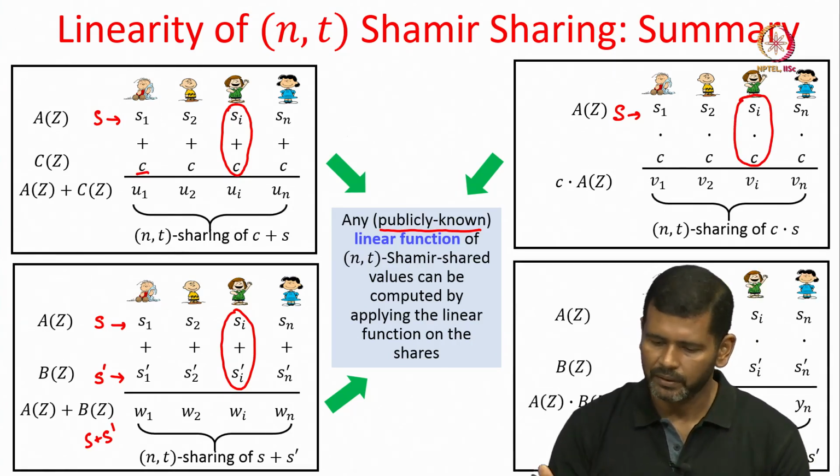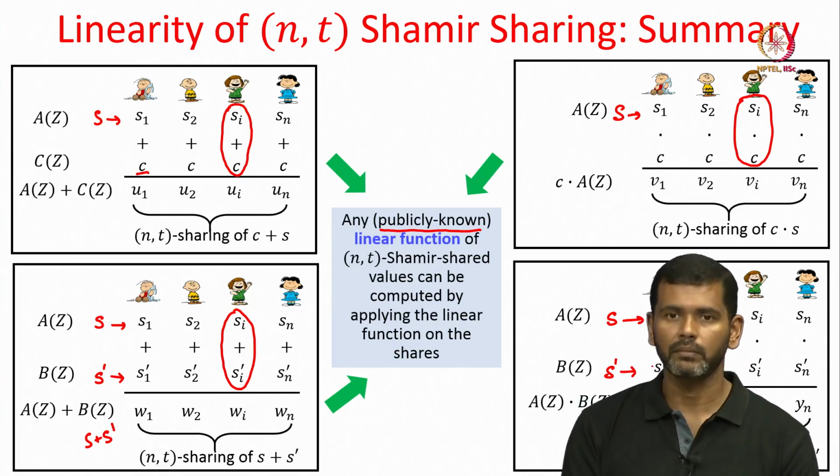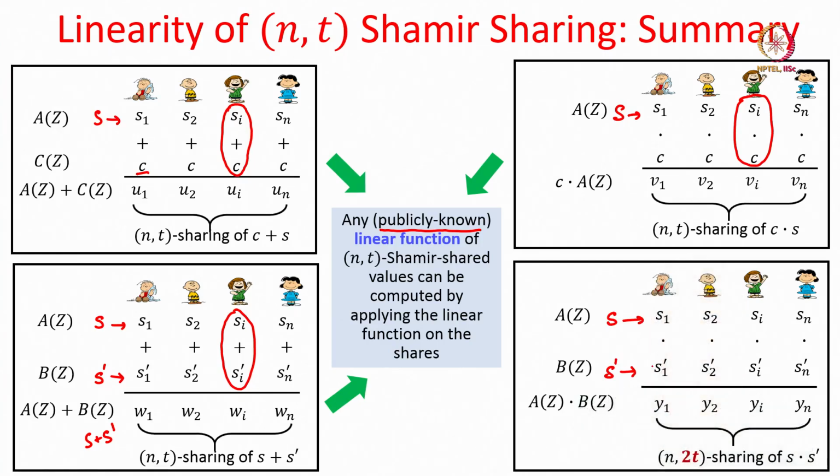However, if there are two secrets S and S prime which are secret shared as per the Shamir secret sharing scheme with degree of sharing being t, and each party locally multiplies its individual shares of S and S prime, then the resultant vector of shares will lie on a 2t degree polynomial whose constant term will be S times S prime.